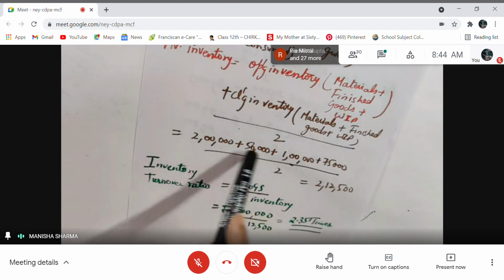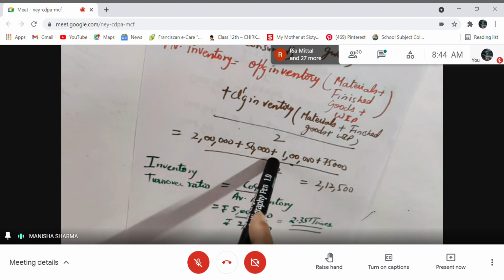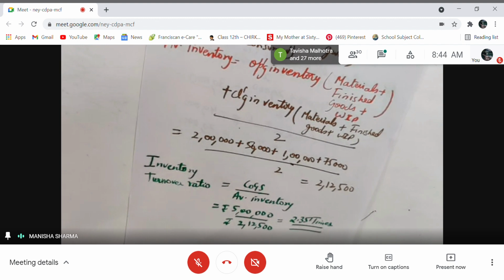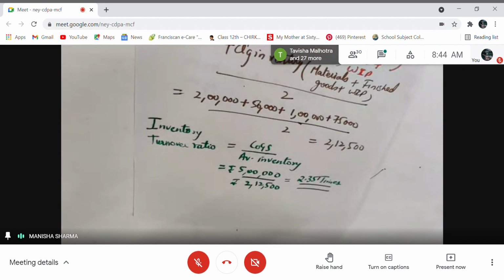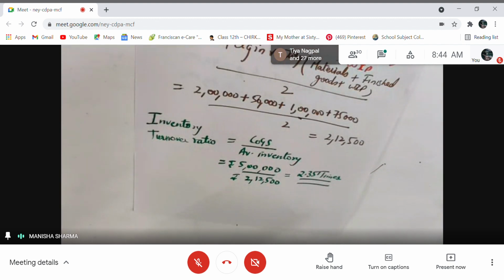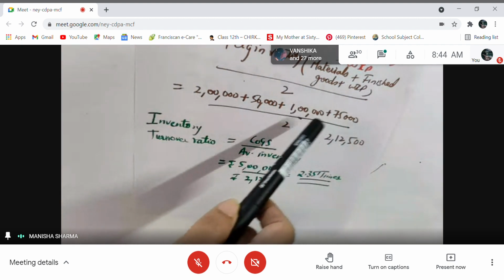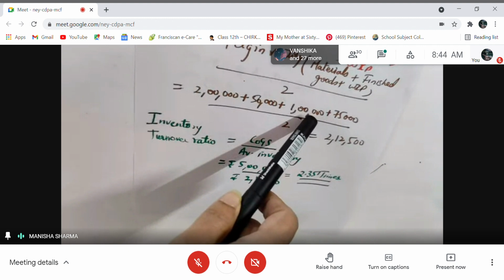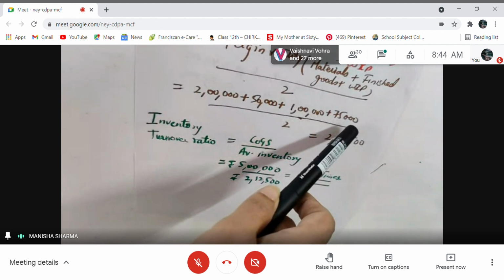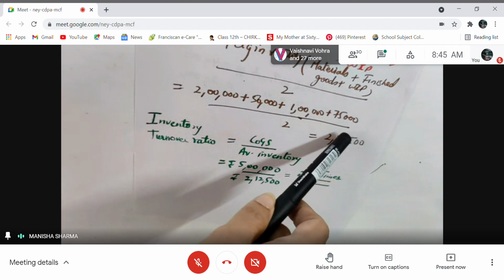So two values are given, 2 lakh plus 50,000. Now we have two values for closing inventory, because closing inventory of materials is given as 1 lakh and closing inventory for work in progress is given to be 75,000, right? Just see in the book. So we again have two values related to closing inventory. 1 lakh is the closing inventory of cost of material consumed and 75,000 is the closing inventory of finished goods and work in progress.